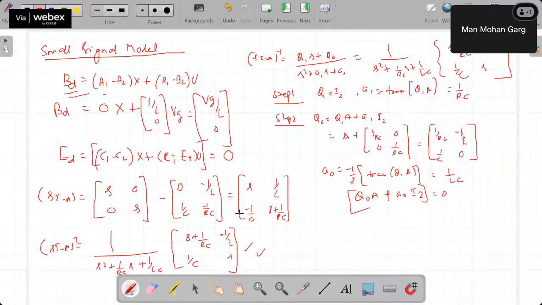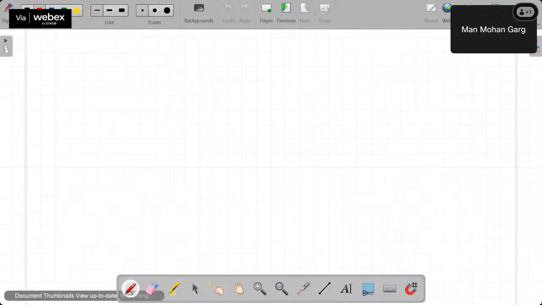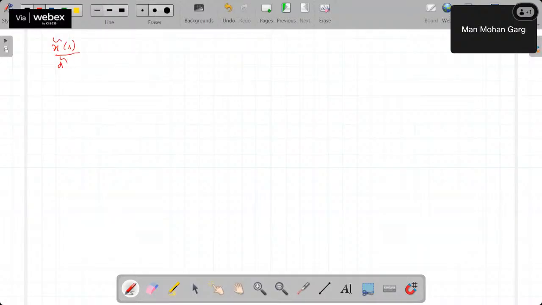Now everything we have got. The only thing is that whatever transfer function we want to obtain, we can directly obtain using the formulas. So let's say we want one transfer function, which is x of s with respect to d of s.